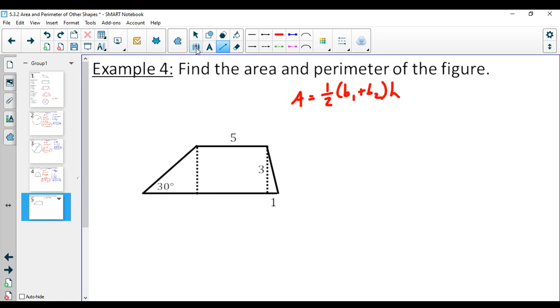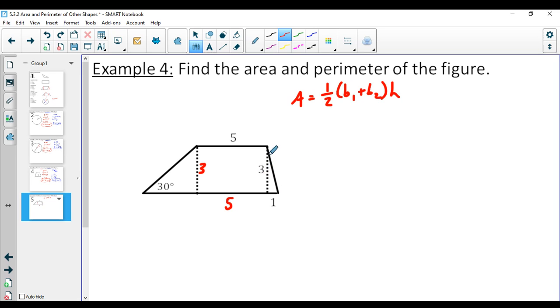And now we can start labeling some more stuff. So I know that this is also 3. I know this is 5, right? This height's going to be the same as this height. And this length is going to be the same as this length. I've just made a little rectangle. Let me put this 5 on the outside.